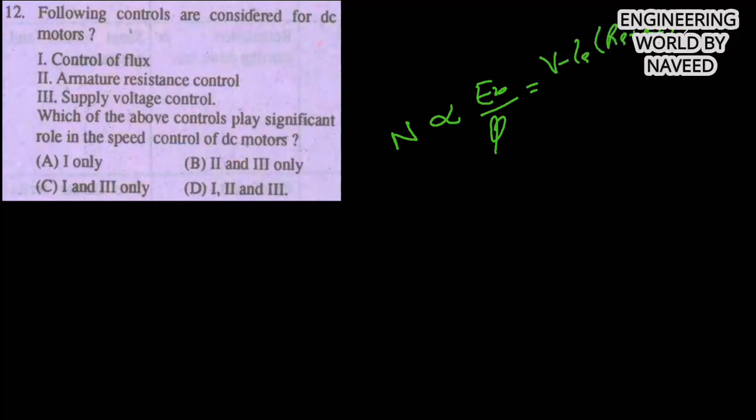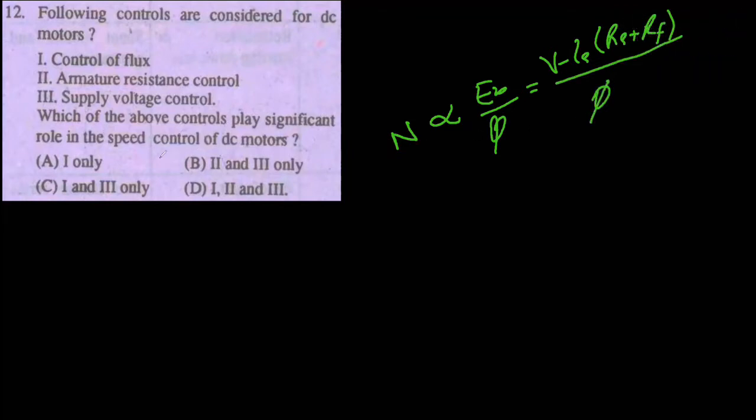voltage control. Which of the above controls plays a significant role in the speed control of a DC motor? As I already discussed in the last MCQ, my speed will be directly proportional to EB divided by flux, and my EB will be equal to V minus IA into (RA plus RF) divided by flux.